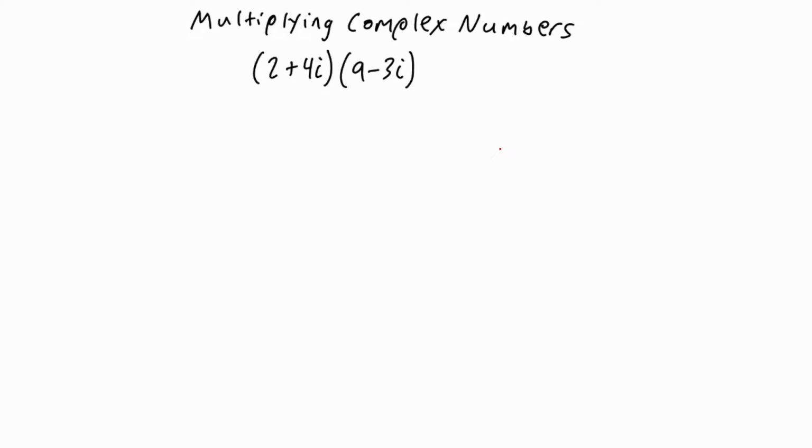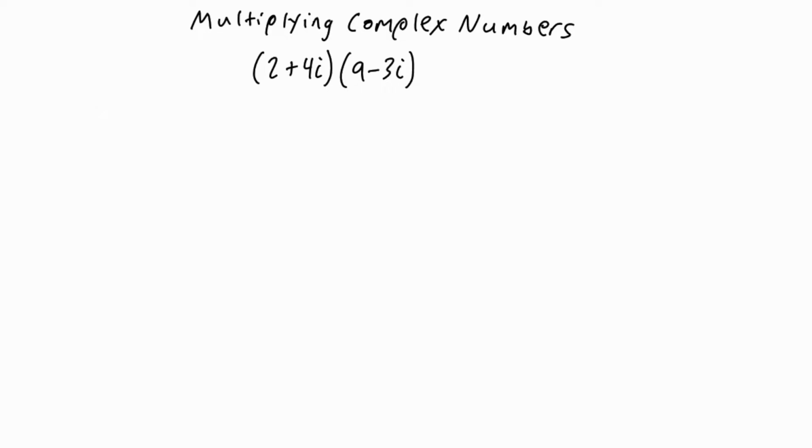All right, so multiplying complex numbers is just like multiplying polynomials, but with one extra step. So just like in multiplying polynomials, we multiply everything on the left times everything on the right.